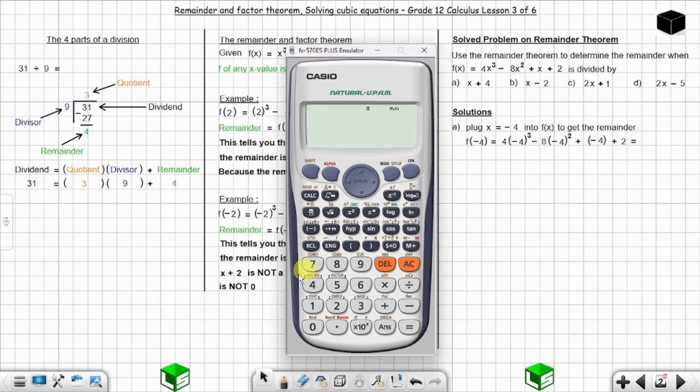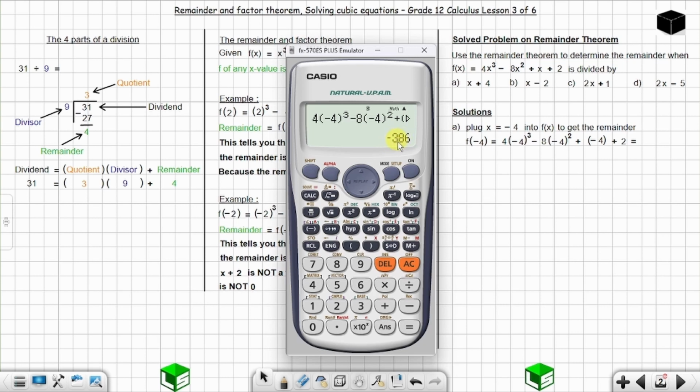So you have 4 times negative 4 to the power of 3 minus 8 times negative 4 to the power of 2 plus negative 4 plus 2. This is equal to negative 386.